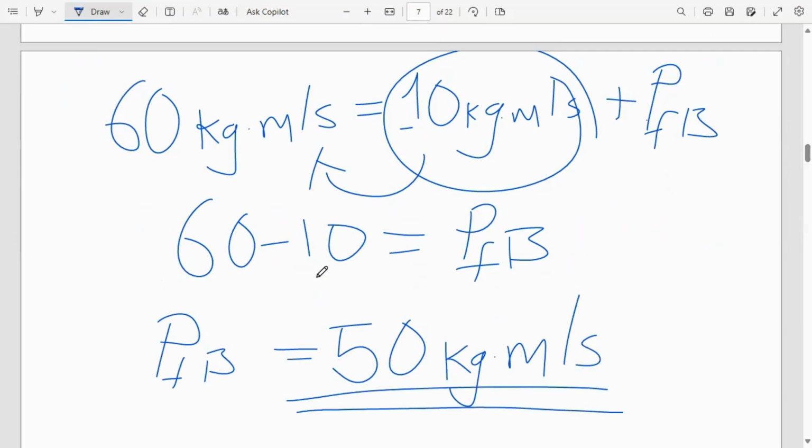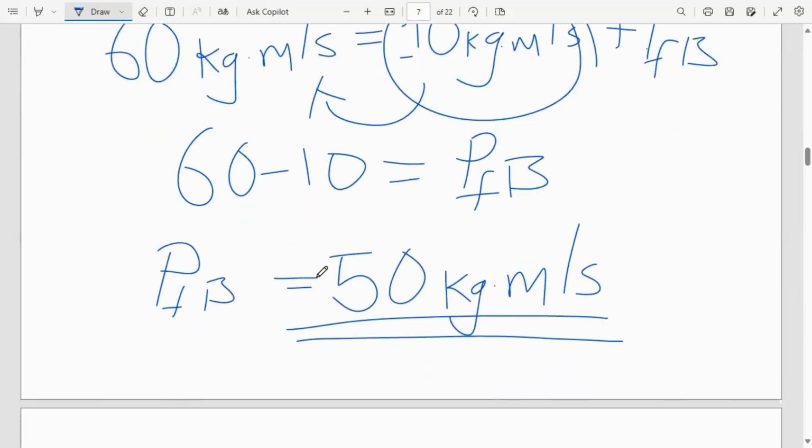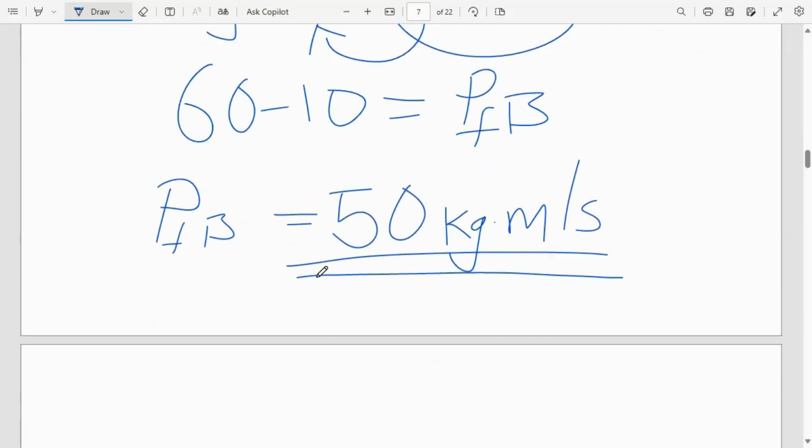So there is no change in total momentum. That's why we used the formula for conservation of momentum. If we plug in our values, we find that the final momentum of the second object should be 50 kg·m/s. Okay, so that is question A.